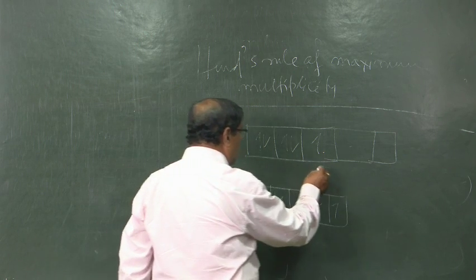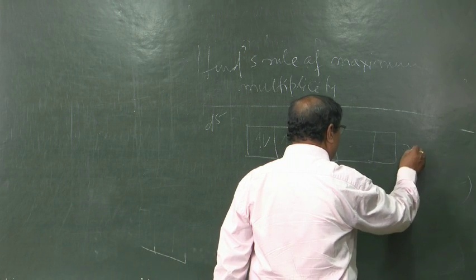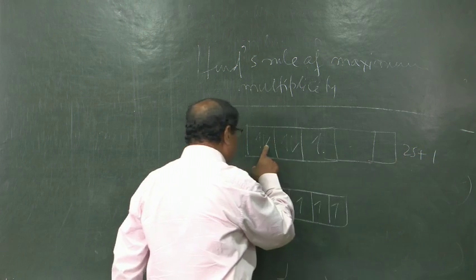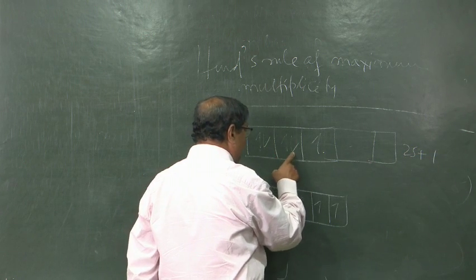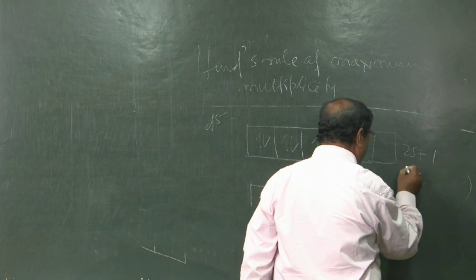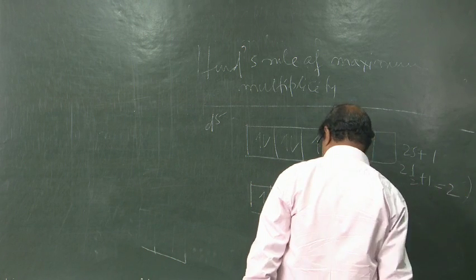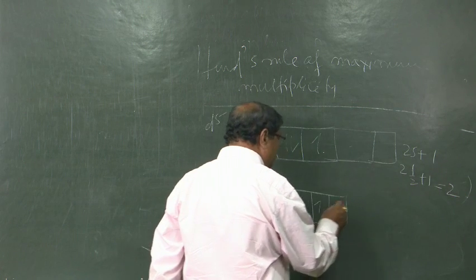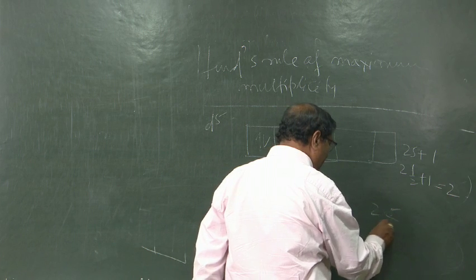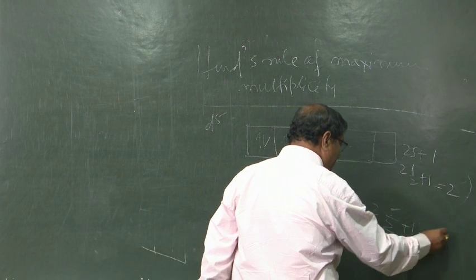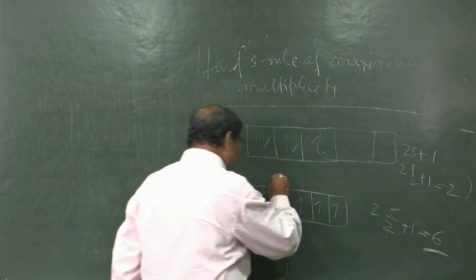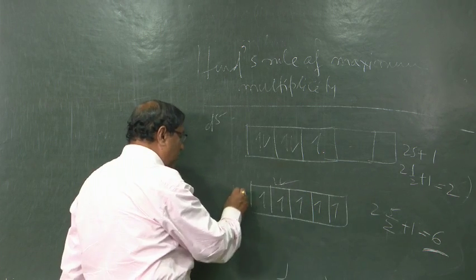Here the multiplicity is 2S plus 1. This one is 0, this is 0, half plus minus half, this is 1 half. So 2 times half plus 1 is equal to 2. Here plus half, plus half, plus half, 2 times 5 by 2 plus 1 is equal to 6. So maximum multiplicity is here. So this is the most stable state.